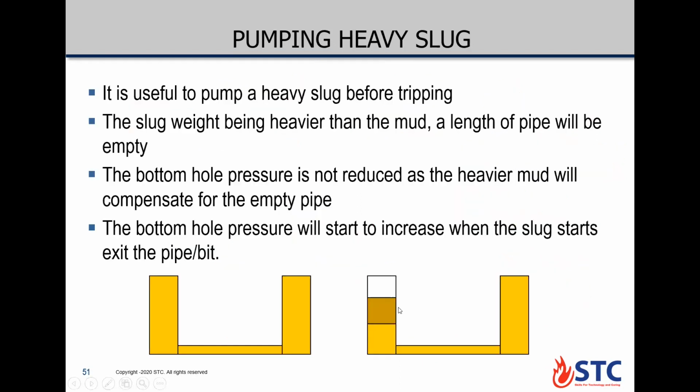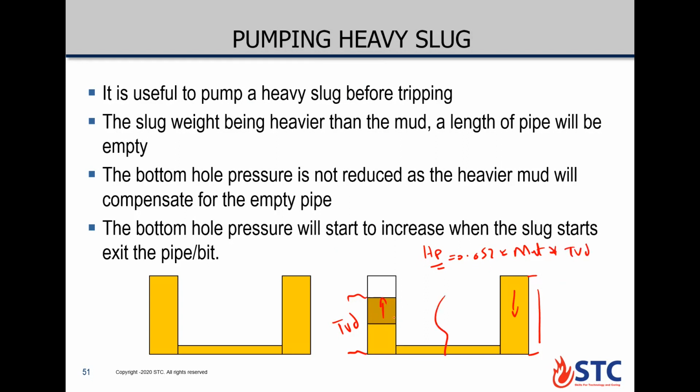Why? If you look here at this figure, here we have higher mud weight, but less TVD. And here is the low mud weight, but full TVD. According to the hydrostatic pressure equals constant 0.052 times mud weight times TVD.